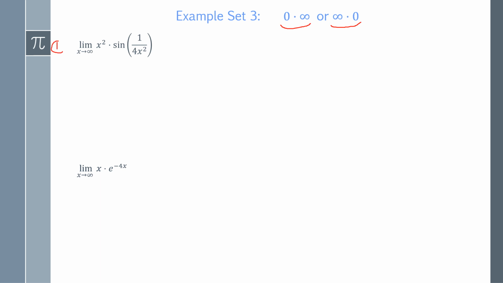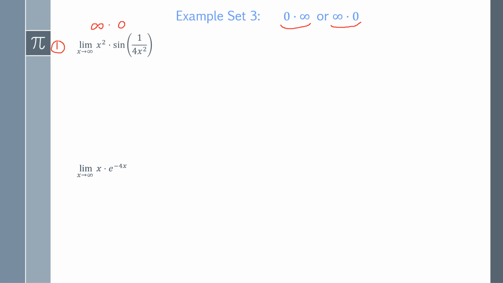This one says we have a limit as x goes to infinity of the expression x squared times sine of 1 over 4x squared. So if we plug in a really large number for x, what do we get? We get infinity over here times what? Well, 1 over 4x squared goes to 0 for really large values of x, and sine of 0 is 0, so we get infinity times 0.